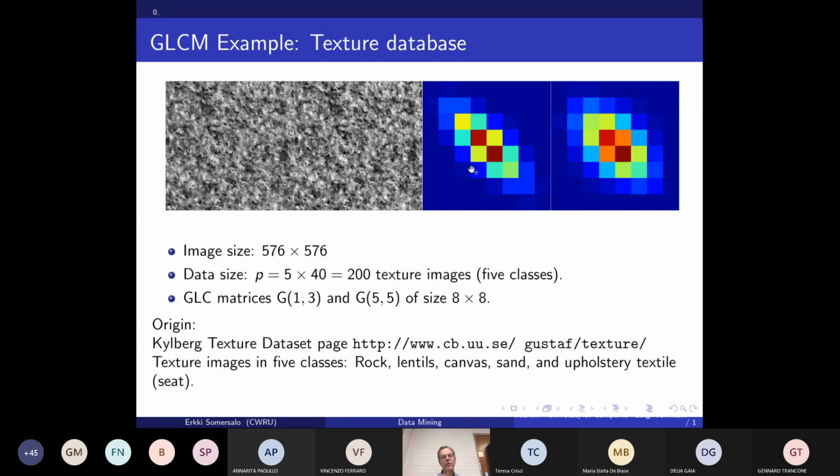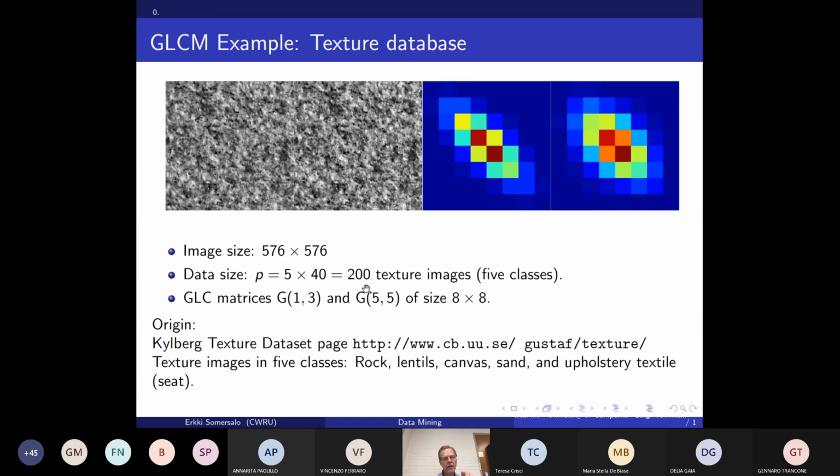So I'm making them into vectors of length 64. So for each offset, I have a data vector of length 64 corresponding to each one of these textures. So my data matrix is now 64 by 200 because I have 200 images.